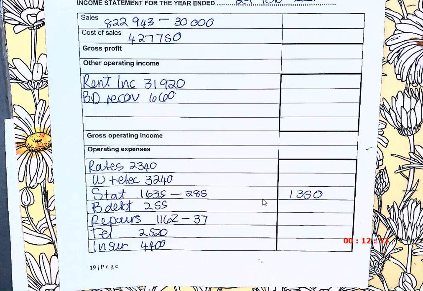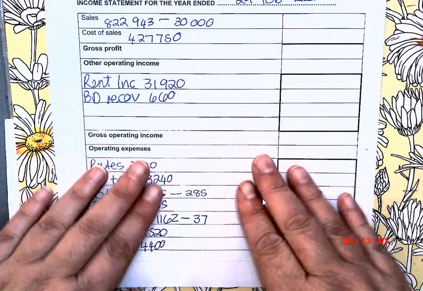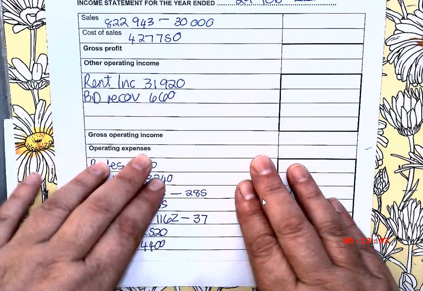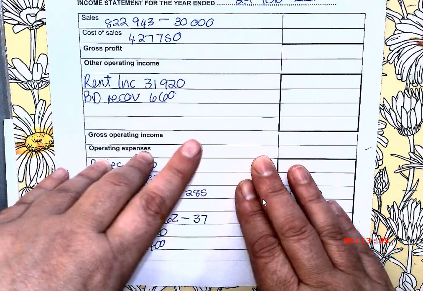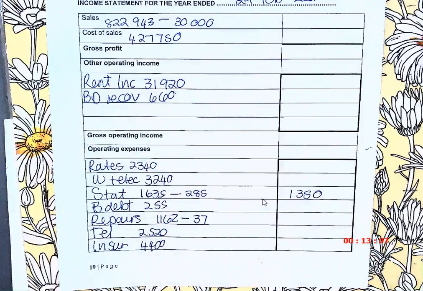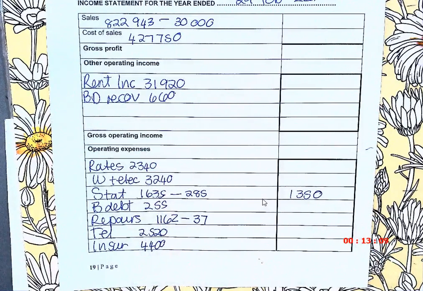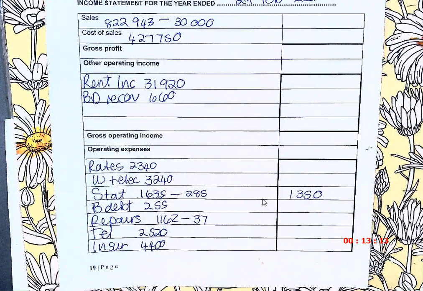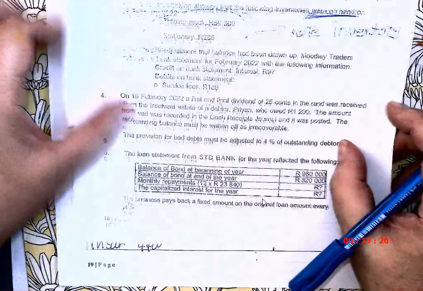Service material: let's say I'm a plumber and I have service material. The service material that I used goes in here. The service material that's left is consumable stores on hand. Okay, so let's continue. Any questions? I'm going at the speed of light because I want to finish this so that this week you can go through it again. Okay, so here we go.